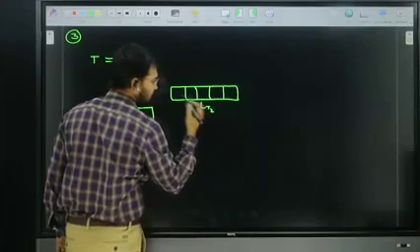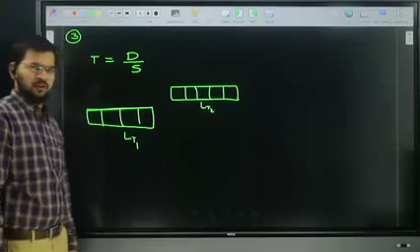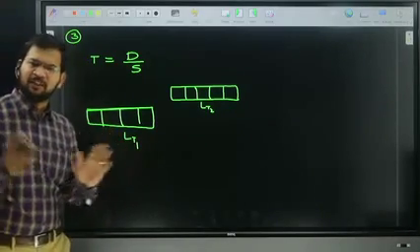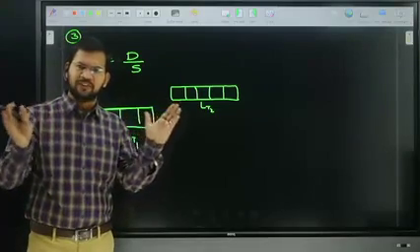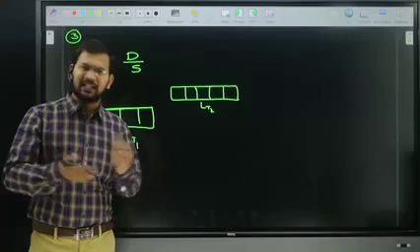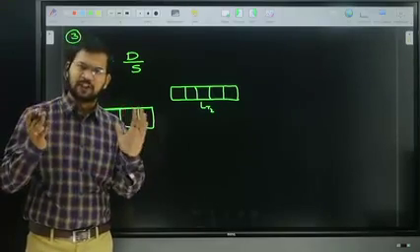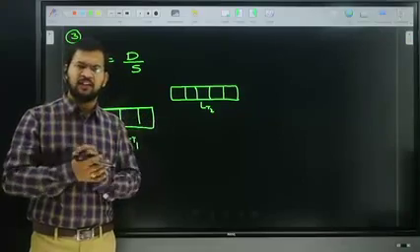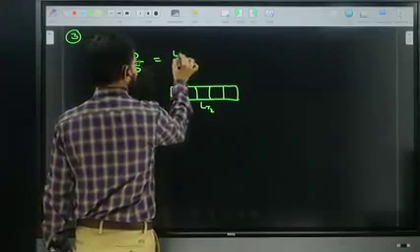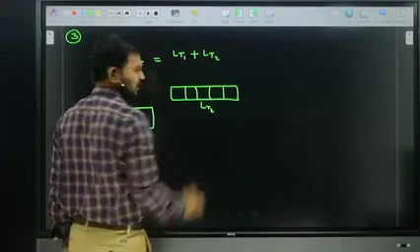This is the length of the second train. So here, train 1 has some length, train 2 also has some length. That is the reason one train is passing another. So the first object has some length, the second object also has some length. That is the reason the distance is nothing but the length of train 1 plus the length of train 2.